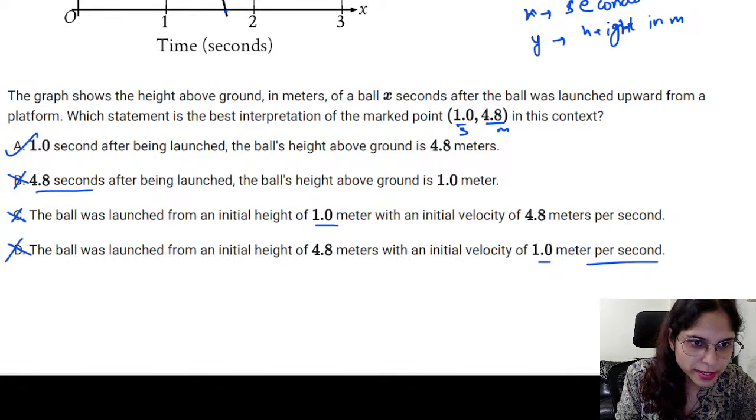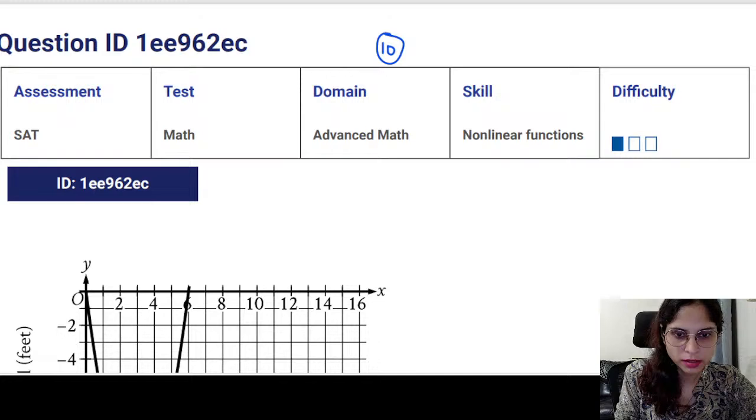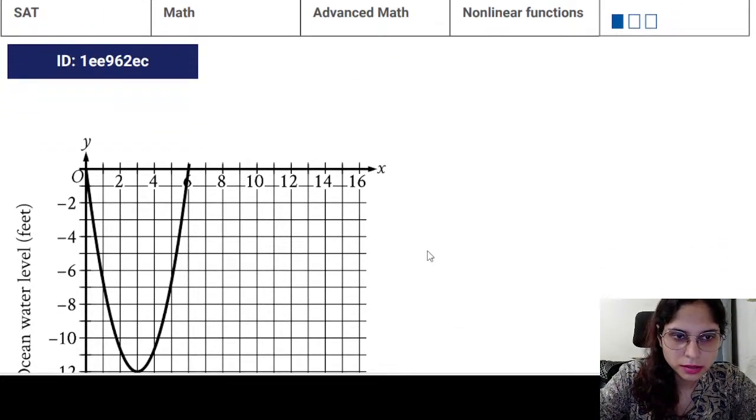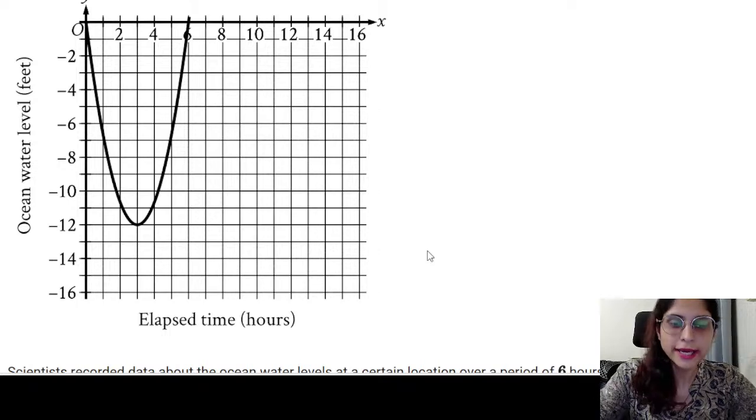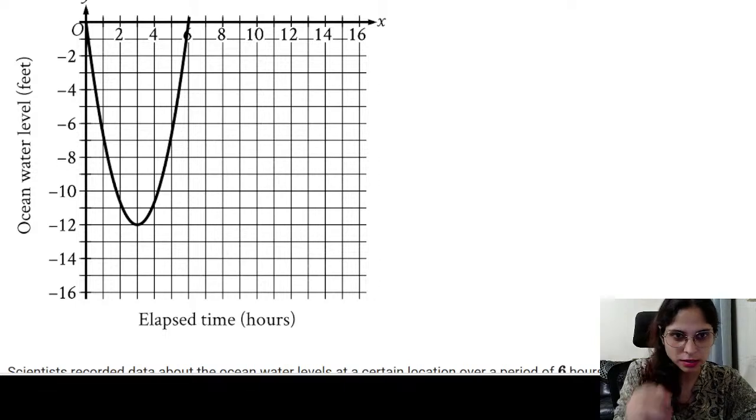Now the next question from Easy Quadratics is question number 10. Yeah, this is question number 10. Again, you see the graph, it's a parabola, like this time it is opening upwards, so this time there is a minimum point.